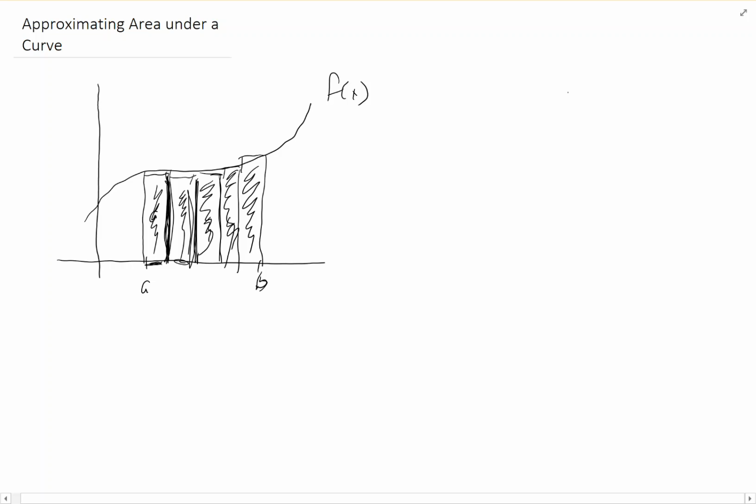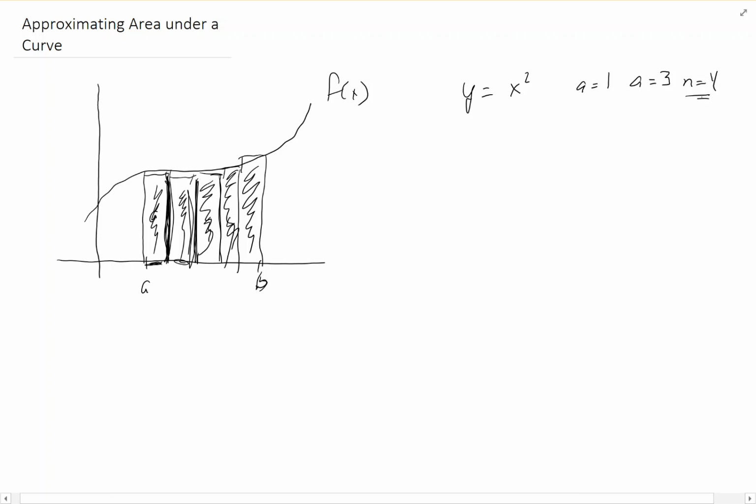So if I know my function, let's do an example with some numbers. Let's take y equals x squared, and we'll go from a equals 1 to b equals 3 with 4 rectangles.